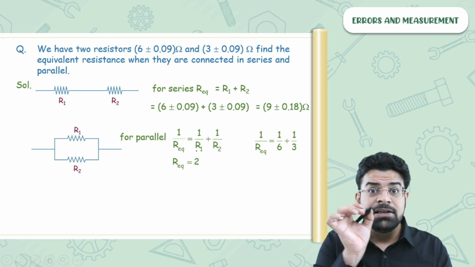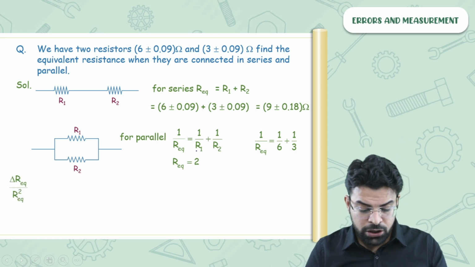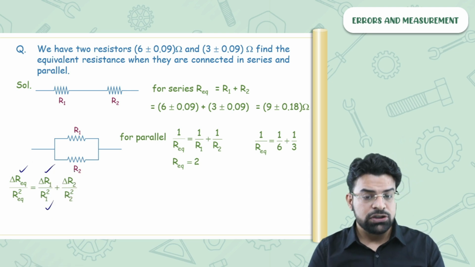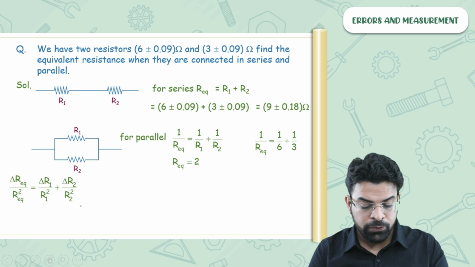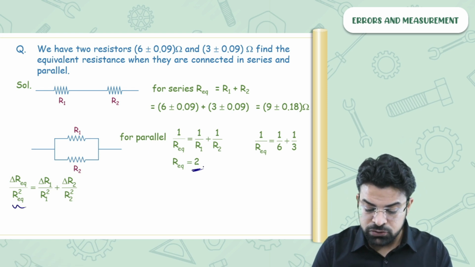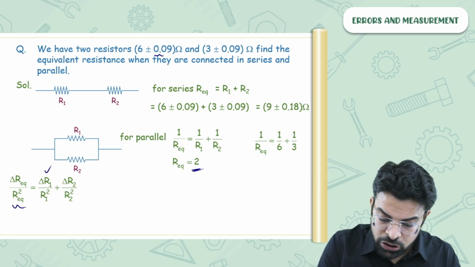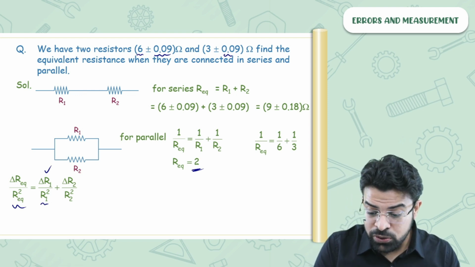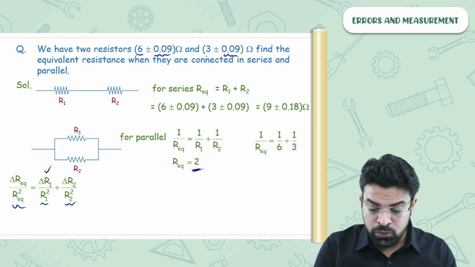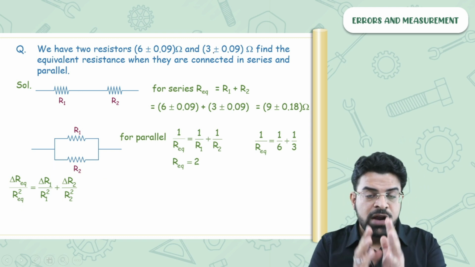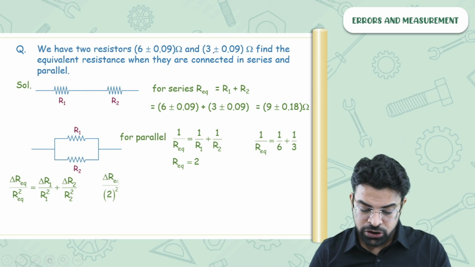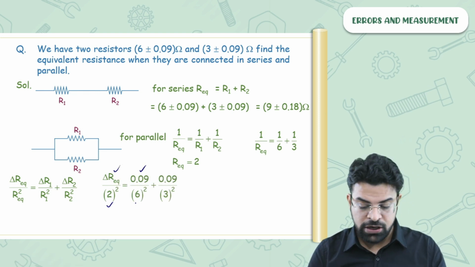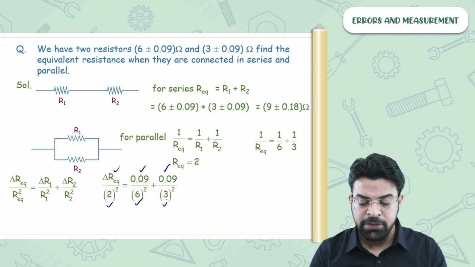Now to find the delta R equivalent part, you will say that delta R equivalent upon R equivalent whole square equals delta R1 upon R1 square plus delta R2 upon R2 square. You already know that R equivalent is 2. You know that delta R1 is 0.09, R1 is 6, delta R2 is 0.09, R2 is 3. Substitute the data and find delta R equivalent. So you will say delta R equivalent upon 2 square equals 0.09 by 6 square plus 0.09 by 3 square.